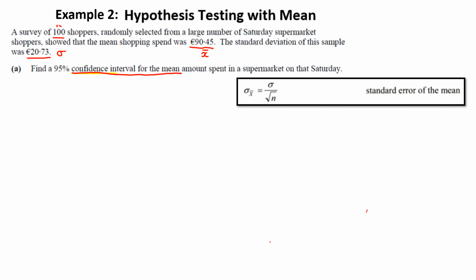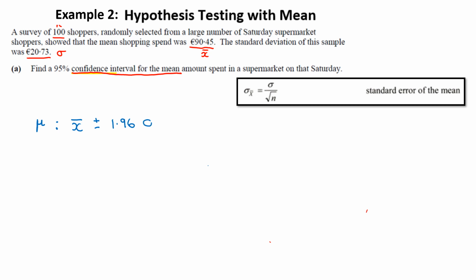To create the confidence interval, we're going to use this little formula from page 34, but you need to know how to create it. So we say that the actual mean is going to be somewhere between X bar, which is the sample mean, plus or minus 1.96, because we're dealing with 95% confidence, that's the z-score.